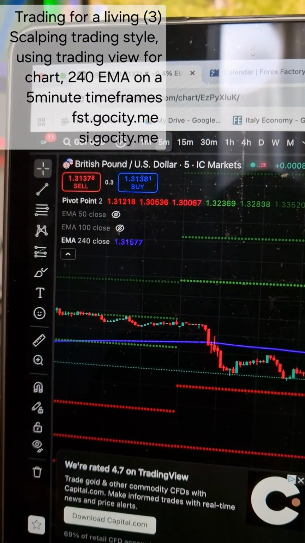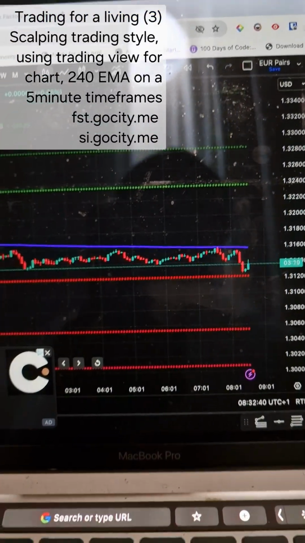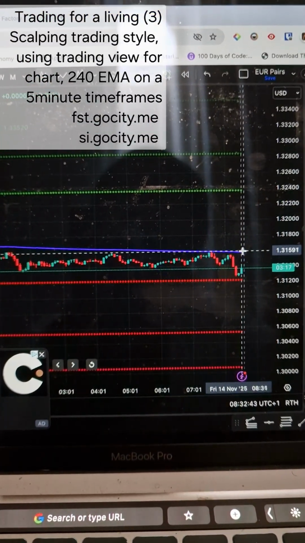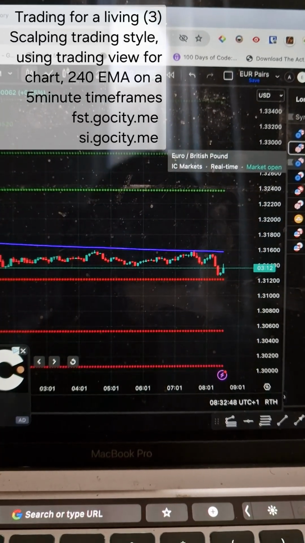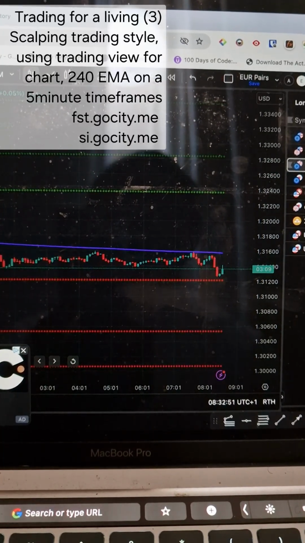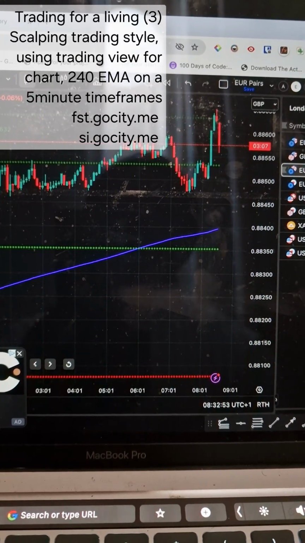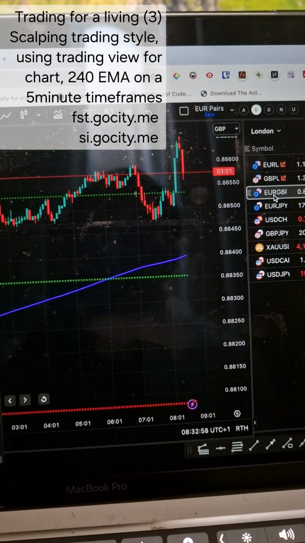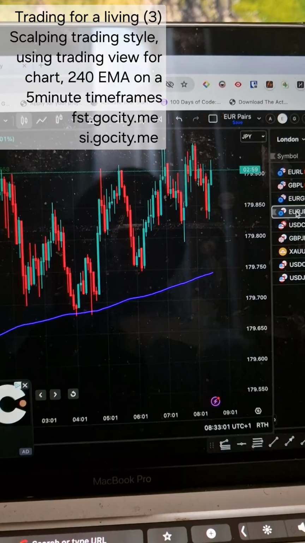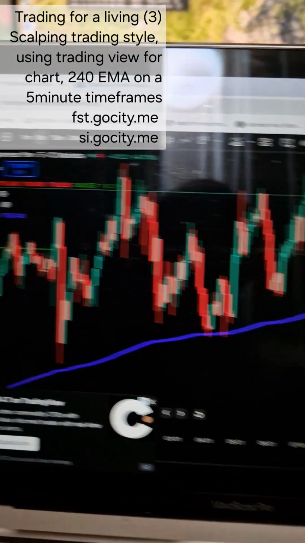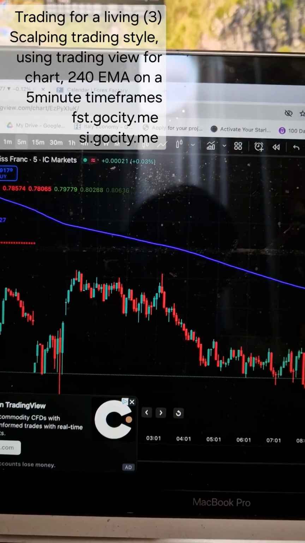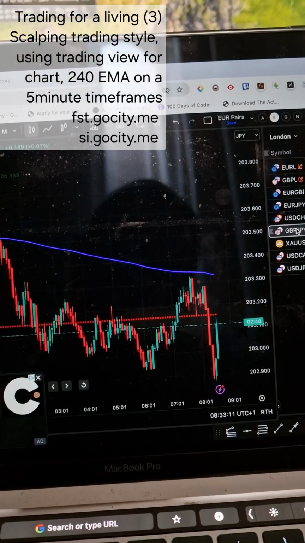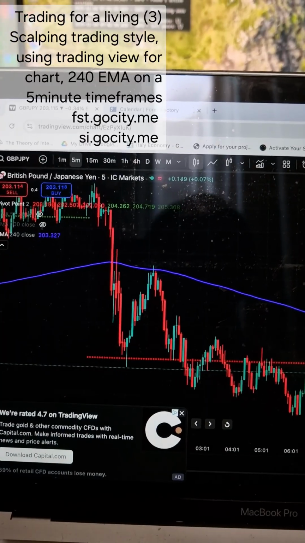This is Euro USD, and you can see how the 240 is really acting as a good resistance line. This is Euro GBP. This is Euro JPY. This is USD CHF, and this is GBP JPY.